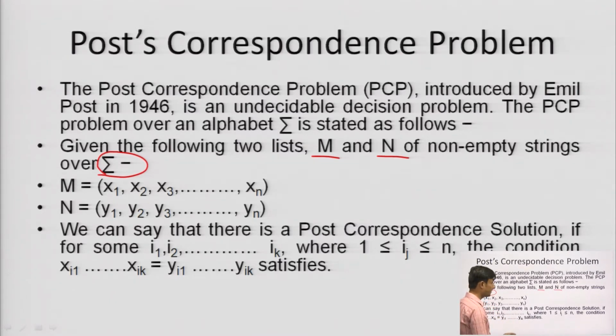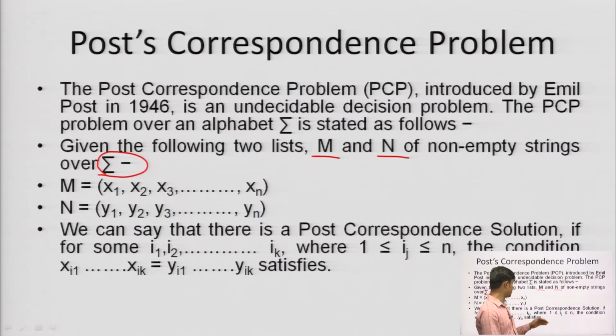We can say that there is a post correspondence solution if there exist indices i1, i2, ..., ik, where 1 is less than or equal to ij, which is less than or equal to n, such that x i1 ... x ik equals y i1 ... y ik. How to get this solution?